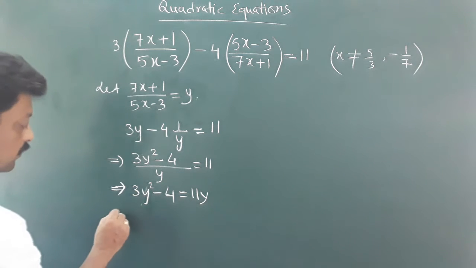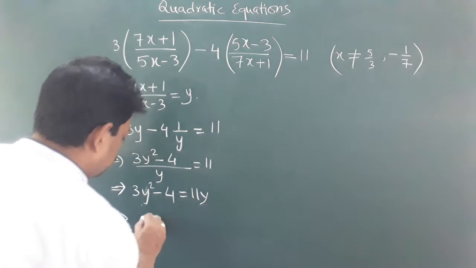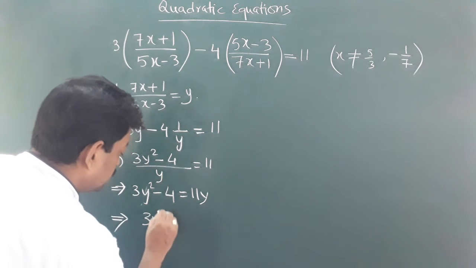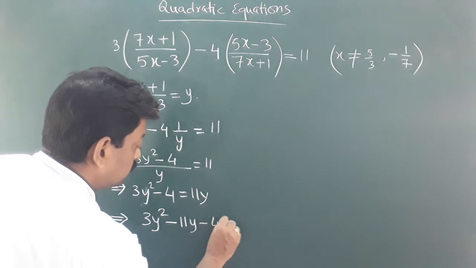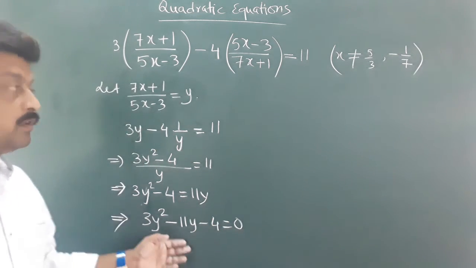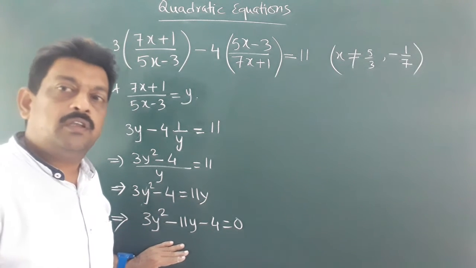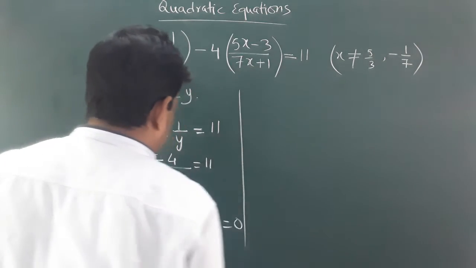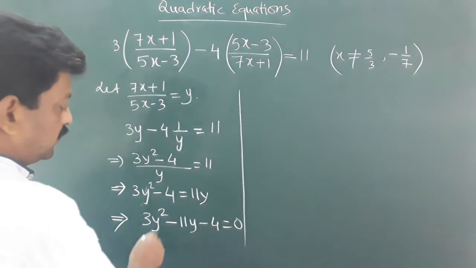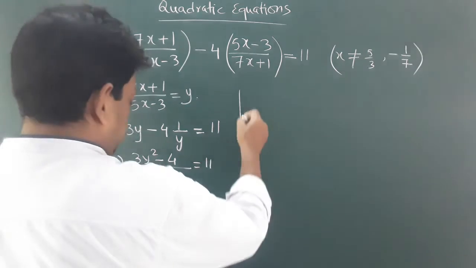This 11y will come to the left hand side. We have to make the right hand side 0. 3y square minus 11y minus 4 equals to 0. Now we can see the given equation is now a quadratic equation in y. Okay. So let me simplify by splitting the middle term. 3 4s are 12 and here it is 11, sorry.